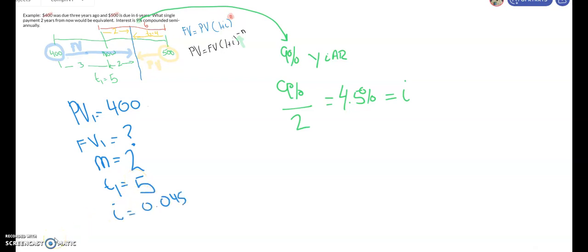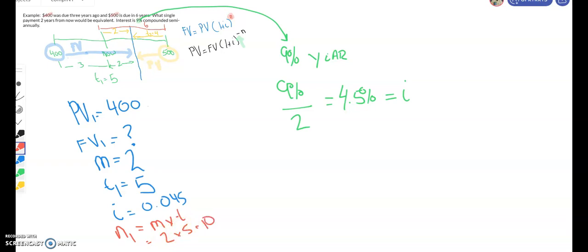We know that our periodic interest rate is 0.045. Now this is the hidden piece of information. Our N1 is equal to our number of cycles in a year times how many years it is. So in this particular case, it's 2 times 5, which is equal to 10.